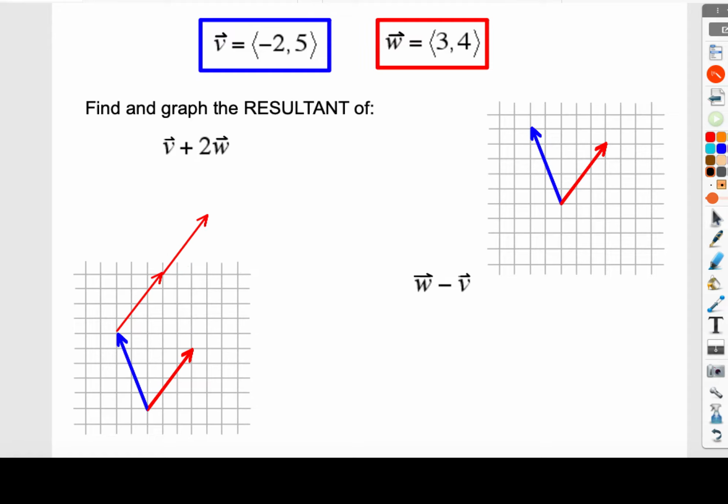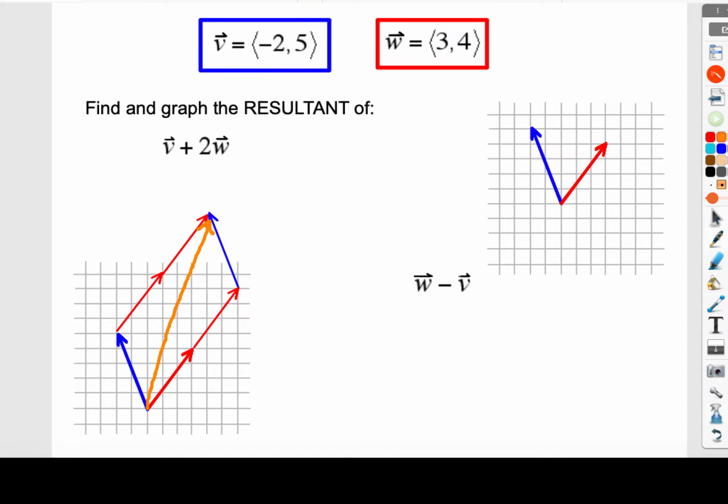Now you can walk those in either order, so technically we could have gone 2w right away, because we're just adding, commutative property, and go in whatever order we want. Then vector v. Technically you could even go w, then v, then w, and you'd sort of cut through the middle here. You'd go red and then blue and then red. But in the end, all that really matters is we've gone from start to finish along that diagonal.